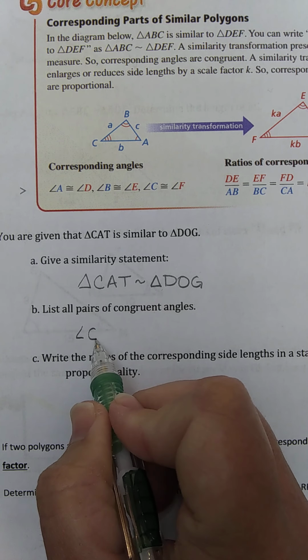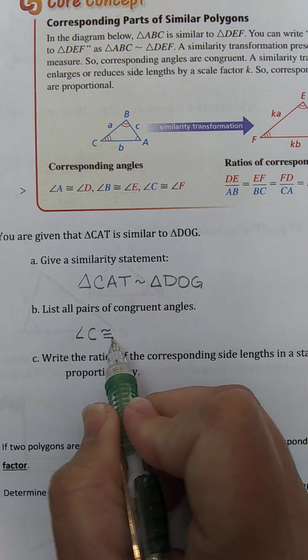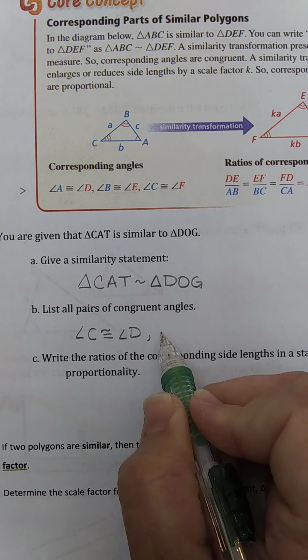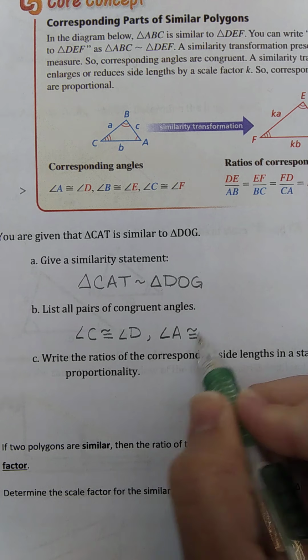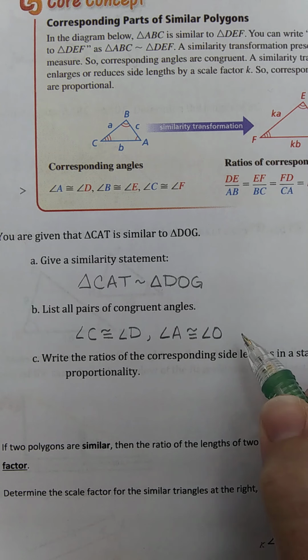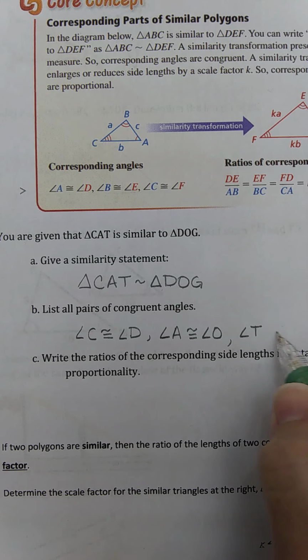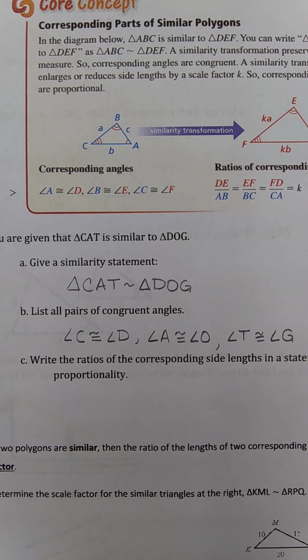So angle C, which is first, will be congruent to angle D. Now remember the angles actually are the same measure. And angle A, which we put second, would be congruent to angle O, which we put second. And lastly, angle T would be congruent to angle G, because T and G are each the last angle that is stated in our similarity statement.